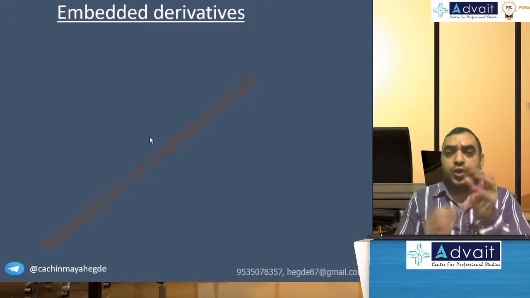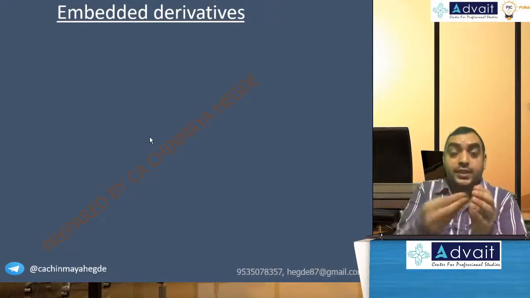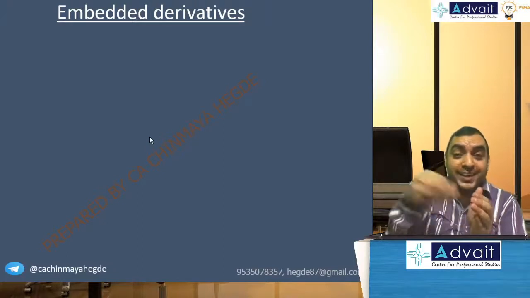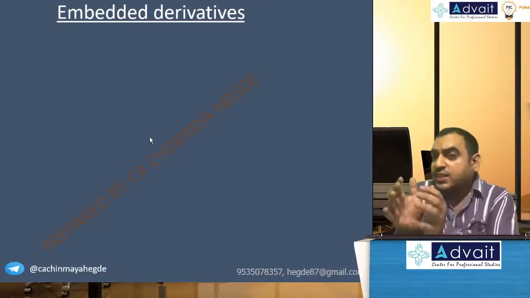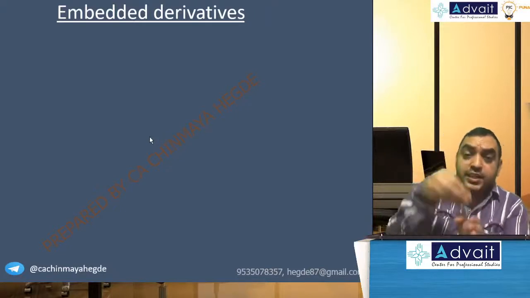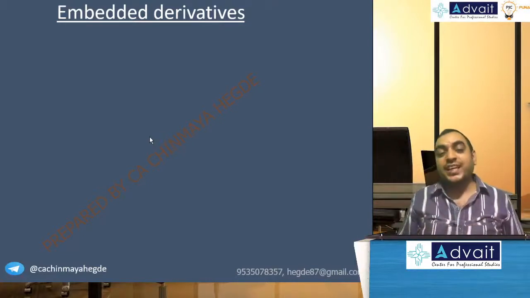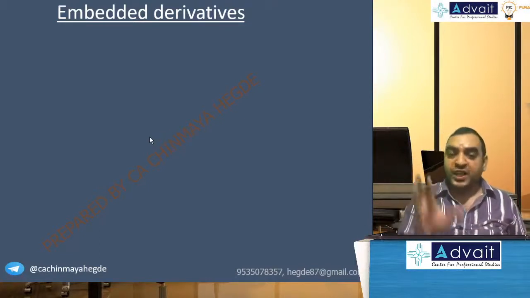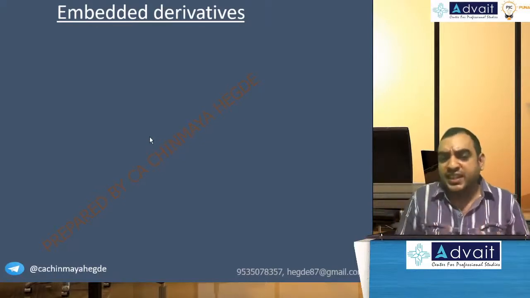Embedded derivative. The word embedded and the word derivative. Embedded means included, implicit, part of. So a derivative, not a standalone derivative, but a derivative included, involved, implicit in an instrument is called an embedded derivative. For example, a convertible debenture or convertible preference share, what we have just seen now.